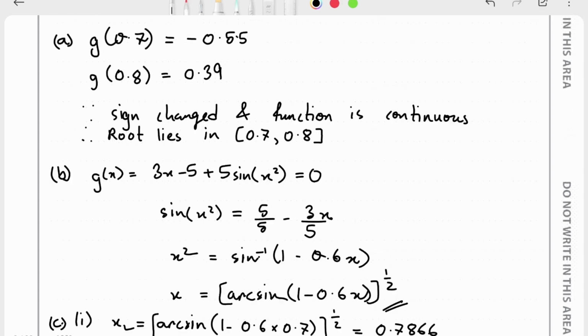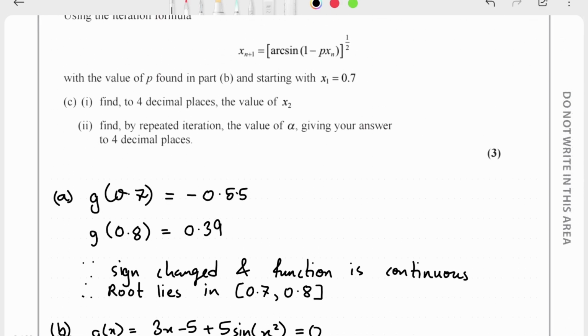And for number 2, find by repeated iteration the value of alpha, giving your answer to 4 decimal places.